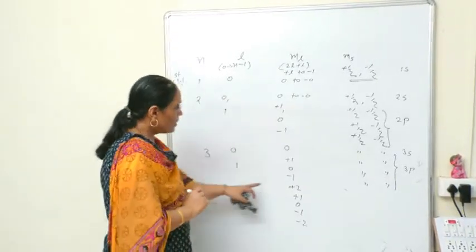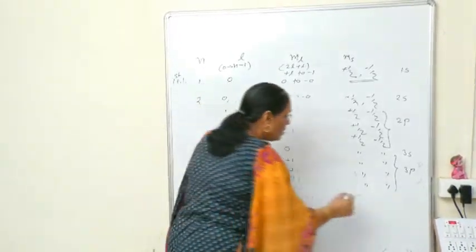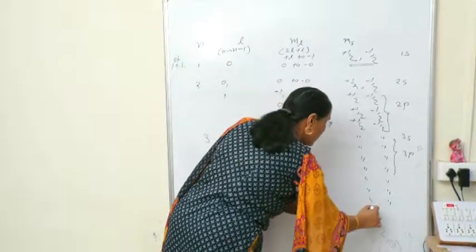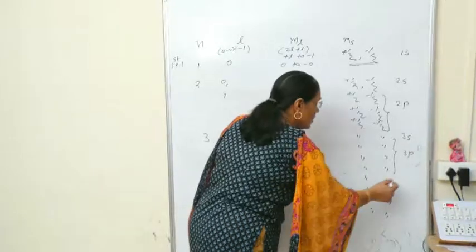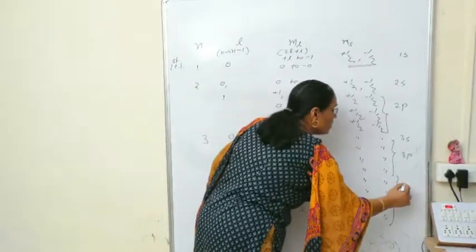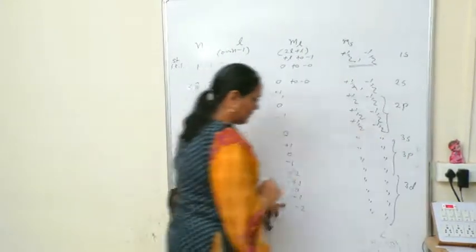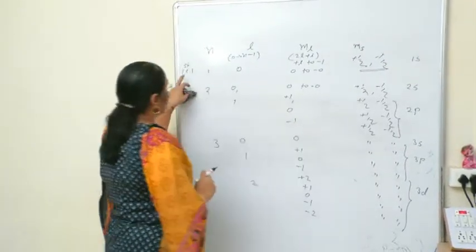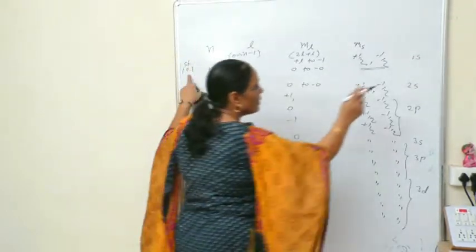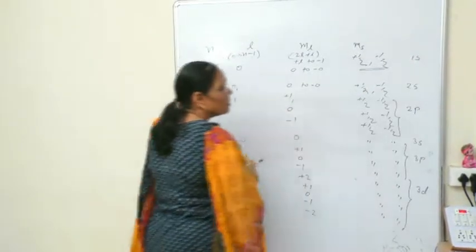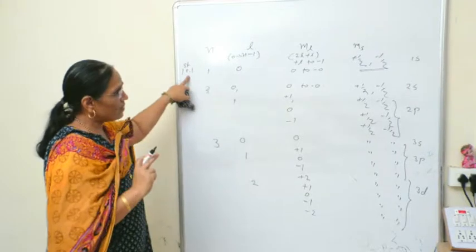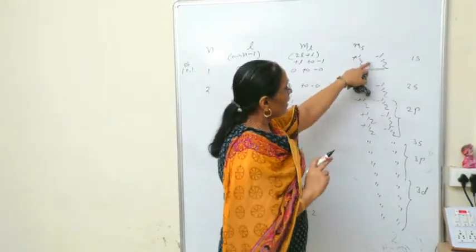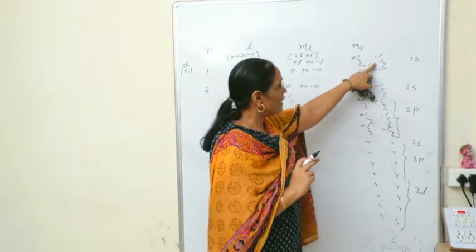And for these 5 ml values, a total of 10 electrons, 2 in each orbital, and therefore these are the 3d orbitals. In this way, the first shell contains only one orbital, so there could be only 2 electrons, one with ms value plus 1/2 and other with ms value minus 1/2.